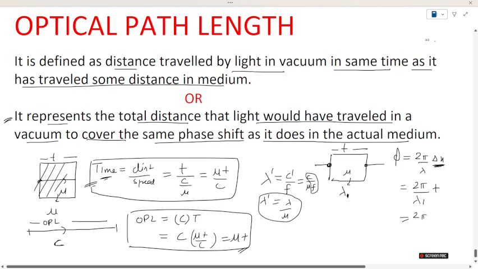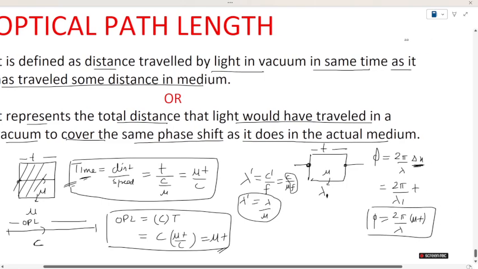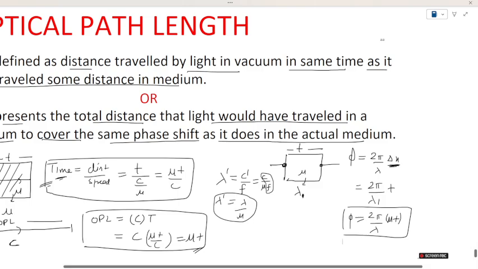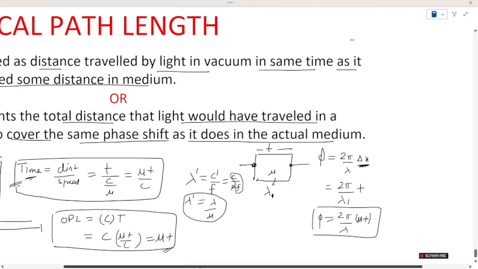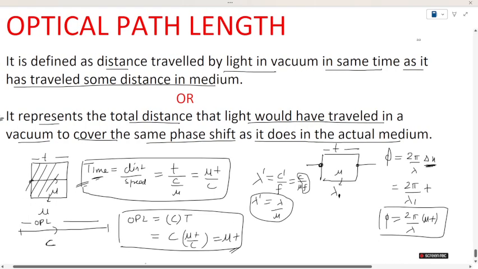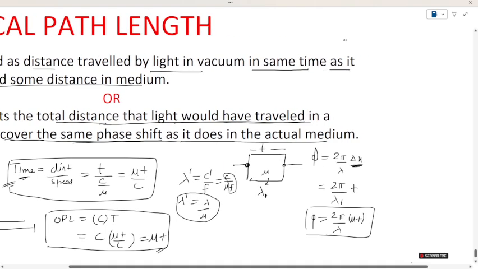So the phase change is 2 pi by lambda into mu t. So if the light ray travels through this medium, this will be the phase change. Now, the definition written above says the total distance the light would have traveled in a vacuum to cover the same phase shift.